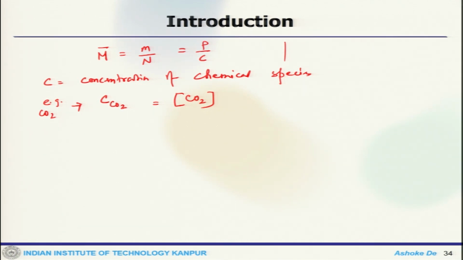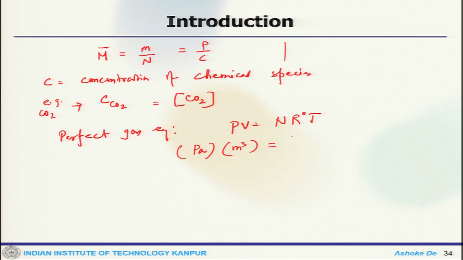For most conditions which are involved in combustion, it is quite satisfactory to use the perfect gas equation. So, one of the equations that one can use is the equation of state, or perfect gas equation, where PV would be N R naught T. If you do the unit balancing, P is in Pascal, V is meter cube, N is mole, R naught is joule per mole Kelvin, and T is Kelvin.